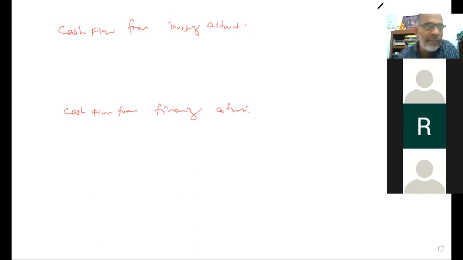Look at the additional information number 1. During the period, the company issued shares amounting to 250,000. Can I record first this part? Number 1, during the period, the company issued share capital amounting to 250,000. Can I record that part first?